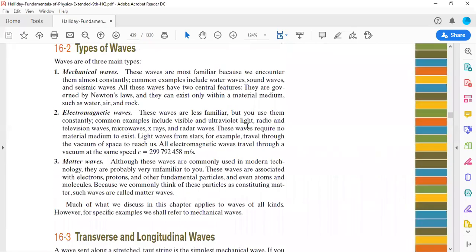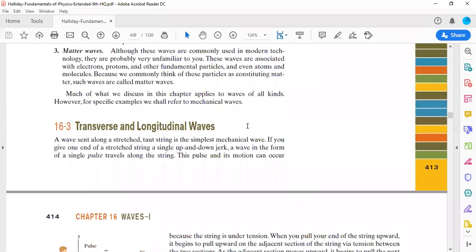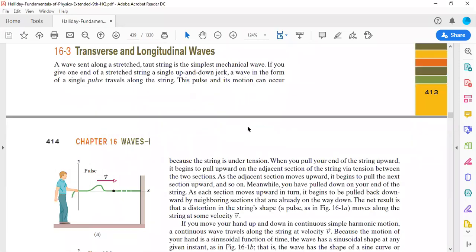So these are types of waves: mechanical, electromagnetic, and matter waves. It depends upon how they travel, depending upon the carriers, depending upon the nature. And transverse and longitudinal waves basically depend upon how they travel through the medium.